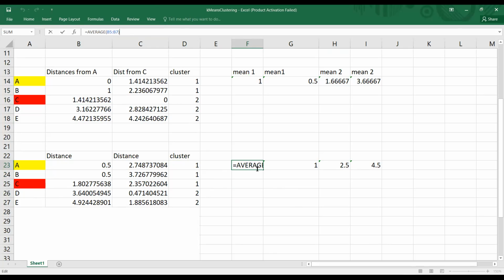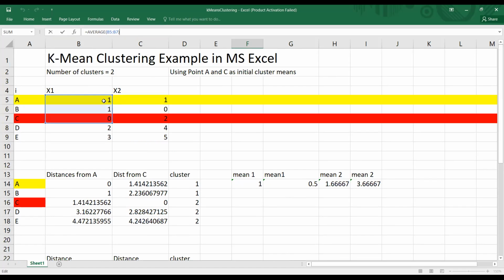You can see how the mean is calculated again. This is the average of B5 to B7, the mean of the first cluster, x coordinate.